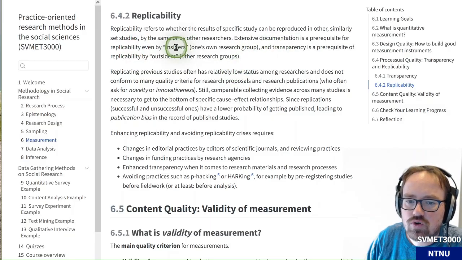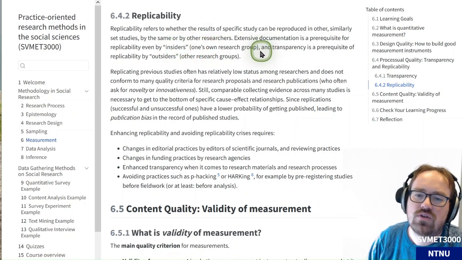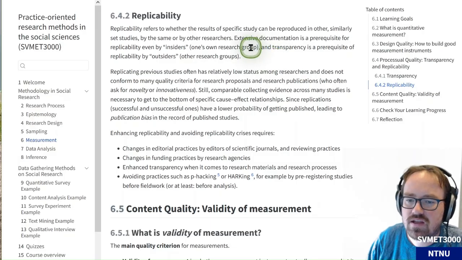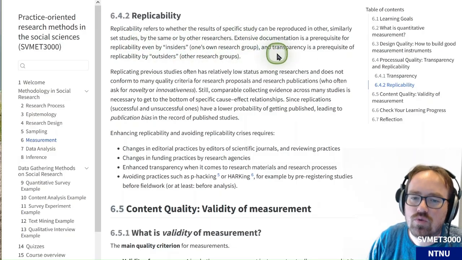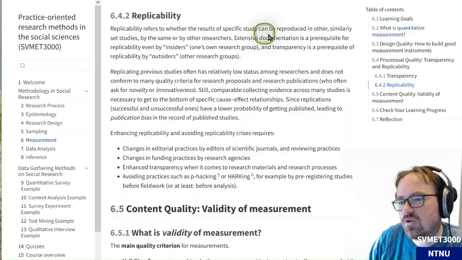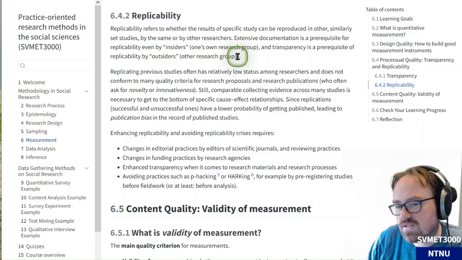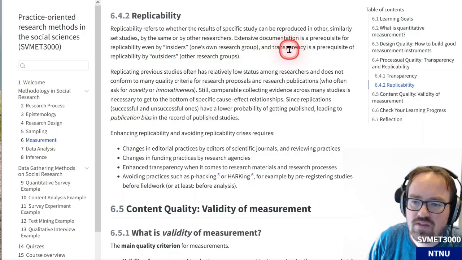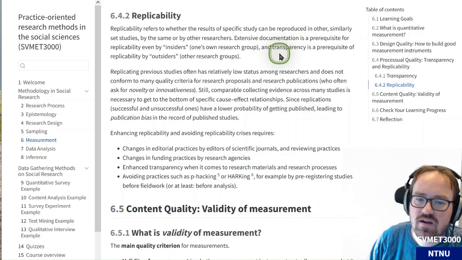And that's even good if you are doing that in your own research group. So you internally document everything as closely as possible so you can replicate your own results, but also by outsiders, other research groups. That is the strongest test of replicability, and therefore transparency is key here as well.